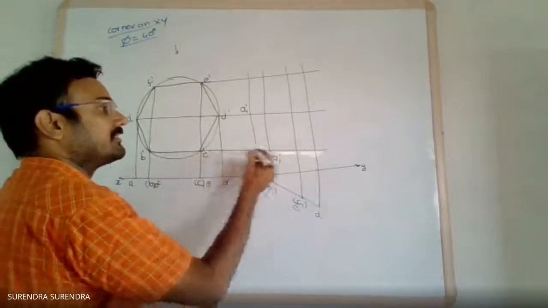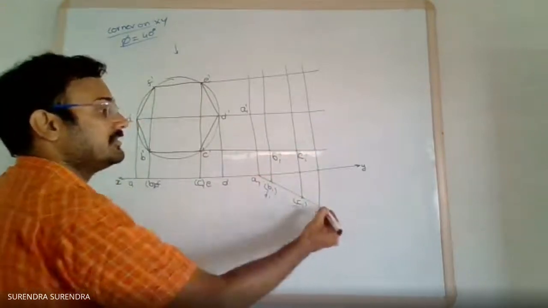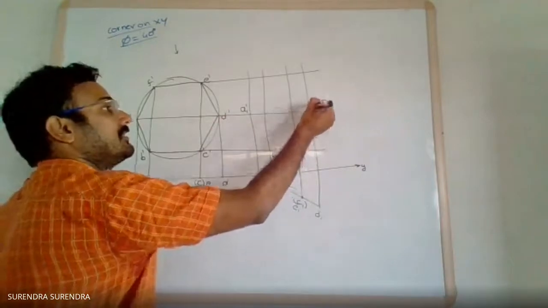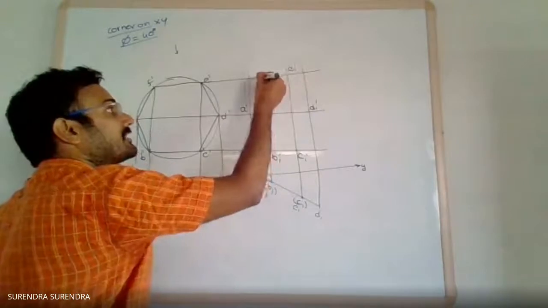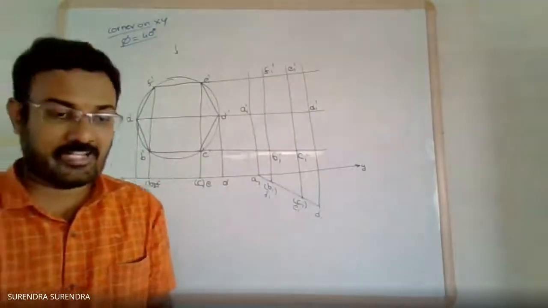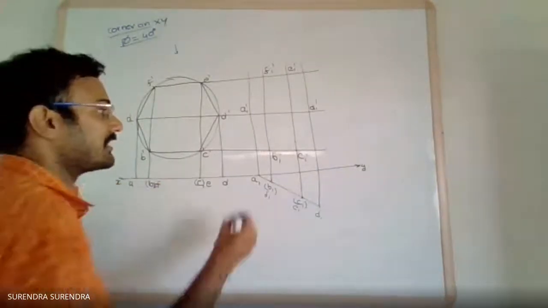Projection from C1, C1 dash. Projection from D1 and locus from D dash, D1 dash. Similarly, E1 dash, F1 dash. So after getting all the points in the front view, join them with a straight line.